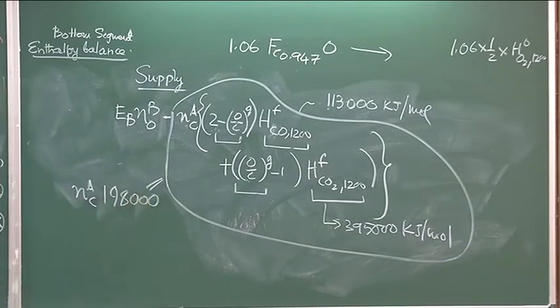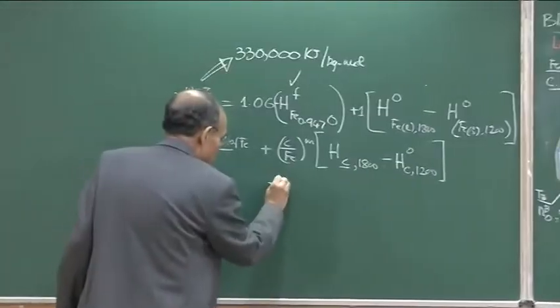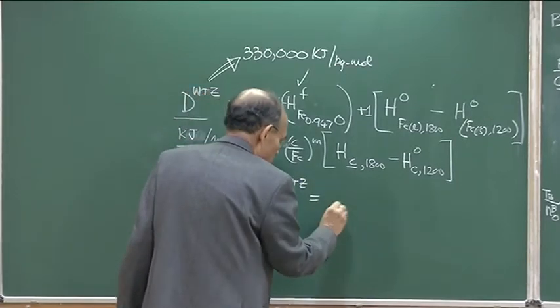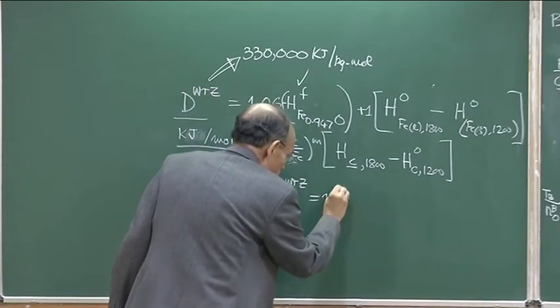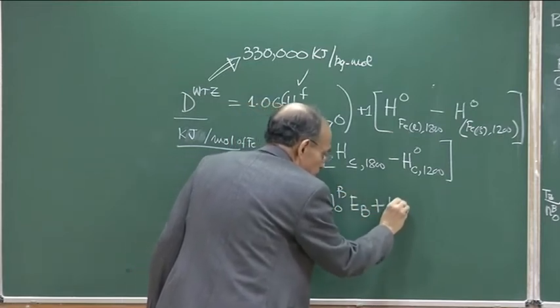So, you see, with such hard task, we have arrived at a very nice equation. dWRZ, demand of the oosterite reduction zone, is equal to NOB EB plus 198,000.